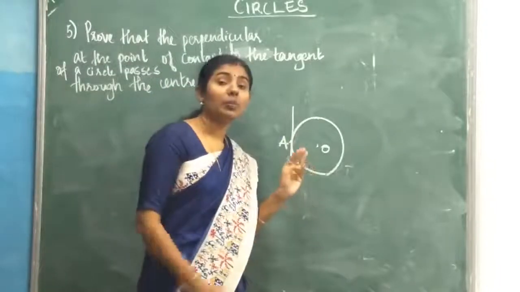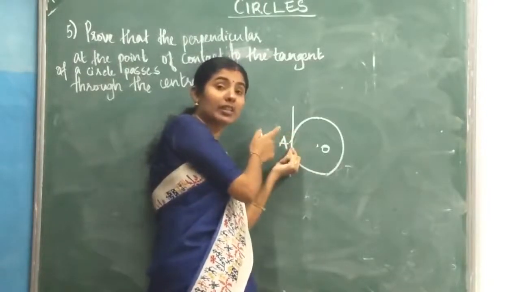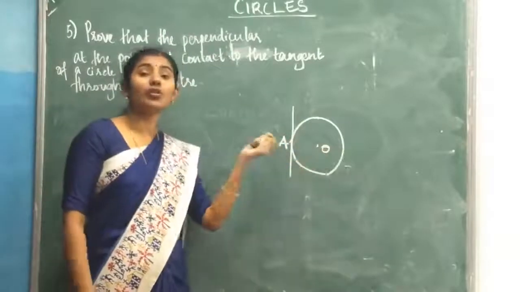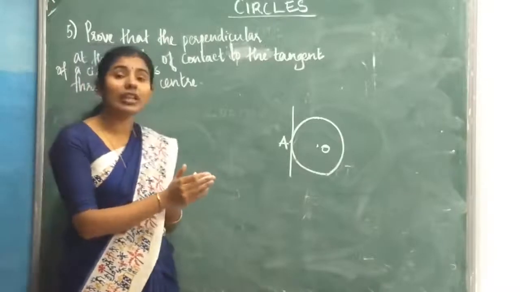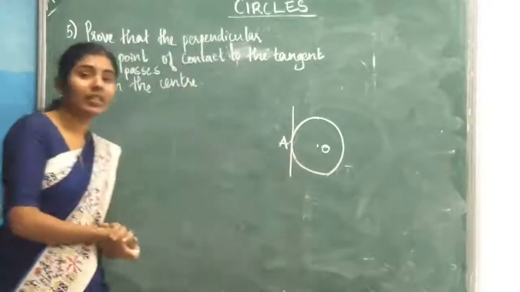You draw one perpendicular from this point of contact, and that line is perpendicular to the tangent.